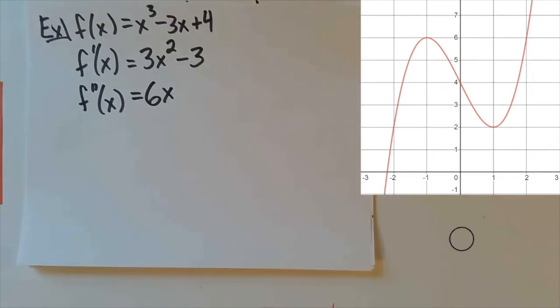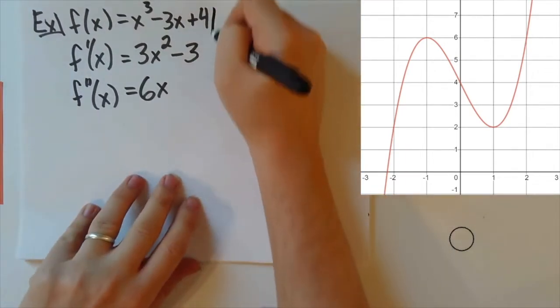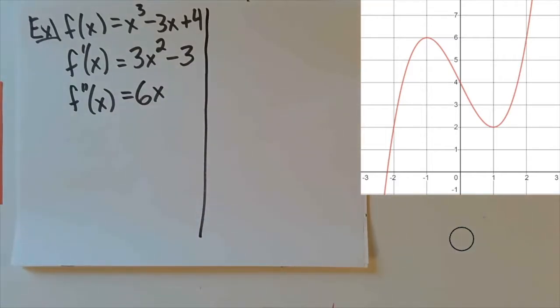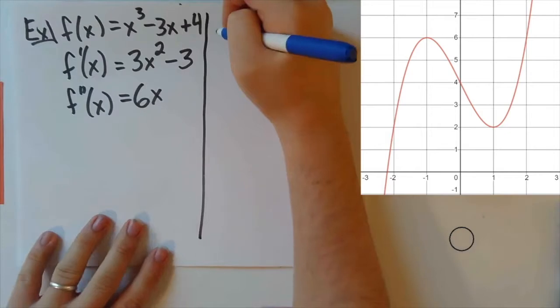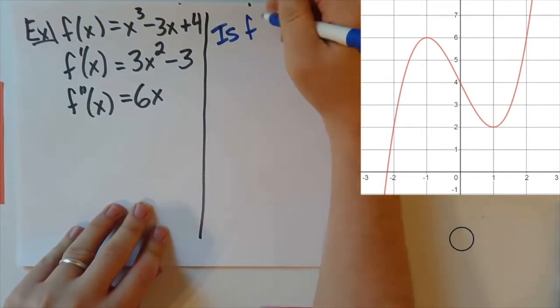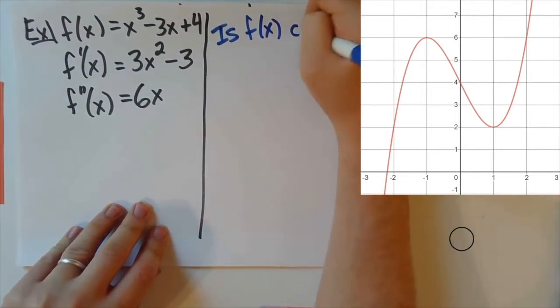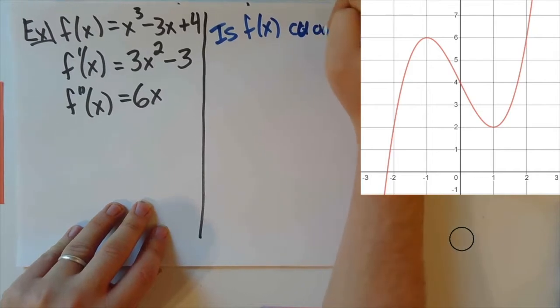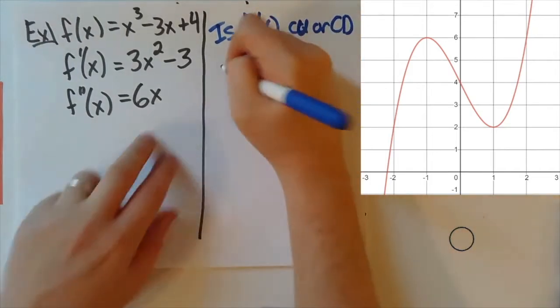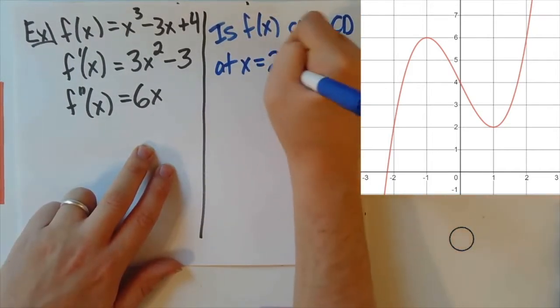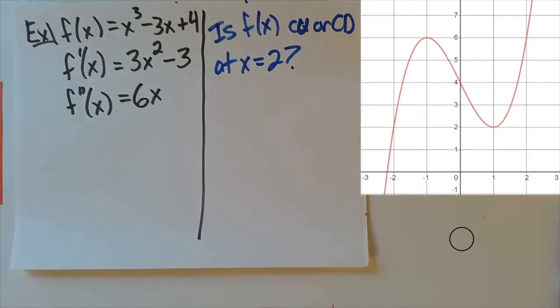And so the first kind of question I want to talk about is how you'd answer it if someone just asks you, hey, is this graph concave up or concave down at x equals 2? Now, again, we can look at the graph and sort of guess. It's definitely concave up there from the graph.